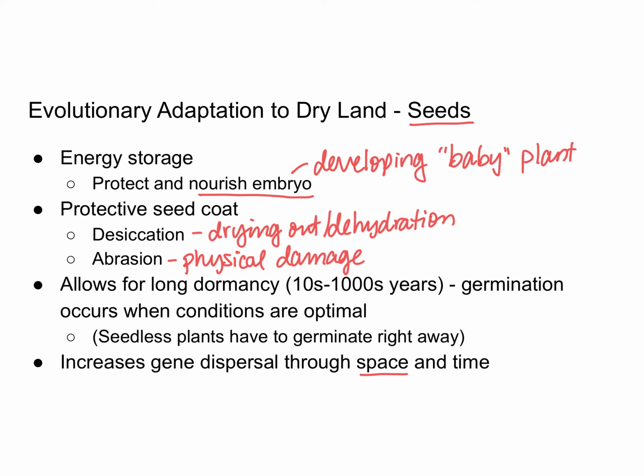When an animal comes along and eats a fruit or a seed, and that seed passes through the digestive tract, it gets deposited somewhere when the animal defecates. And oftentimes the feces of the animal actually helps to provide some fertilizer for the germination of the seed. And then the gene dispersal through time has to do with those long dormancy periods.